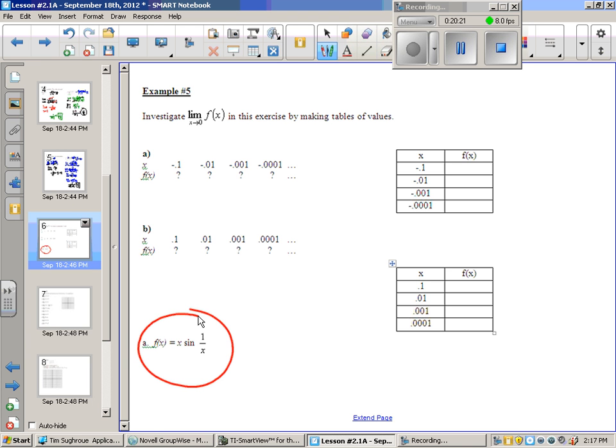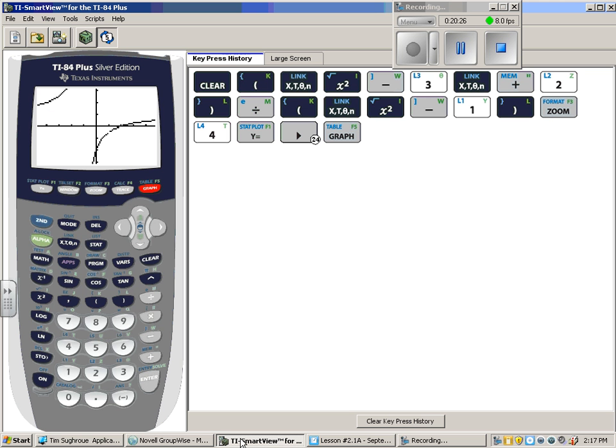So here's what you would do. Let's type this function in. Clear this out.